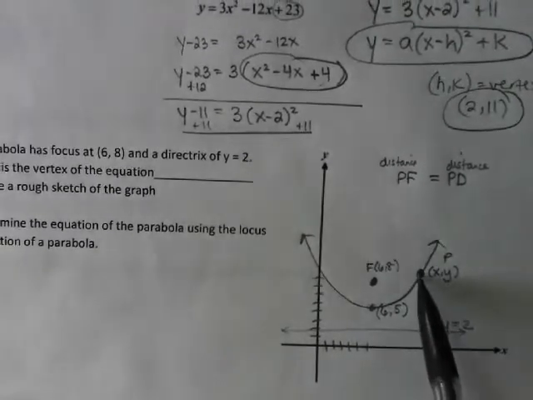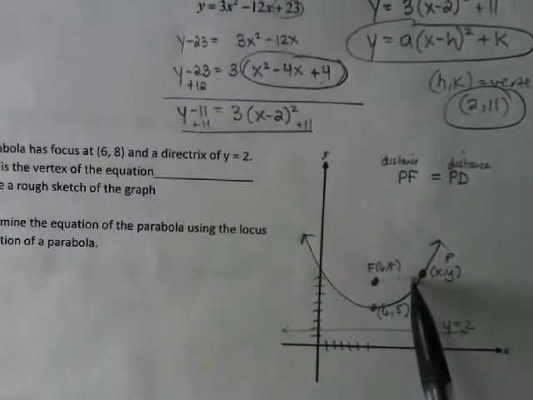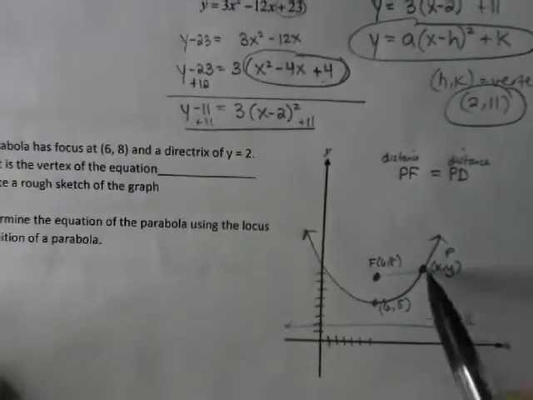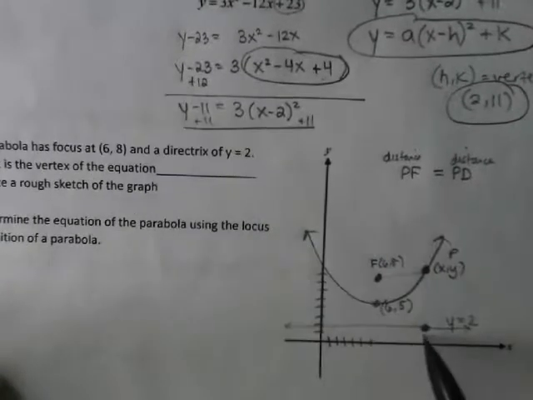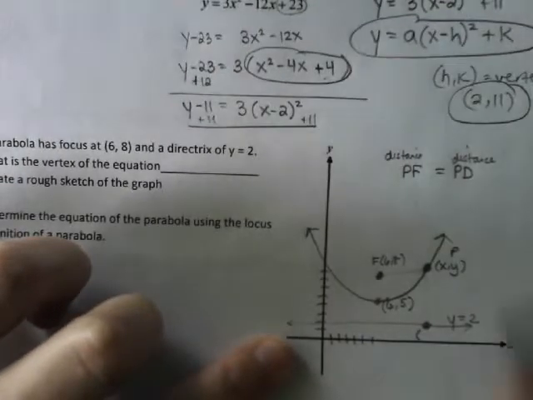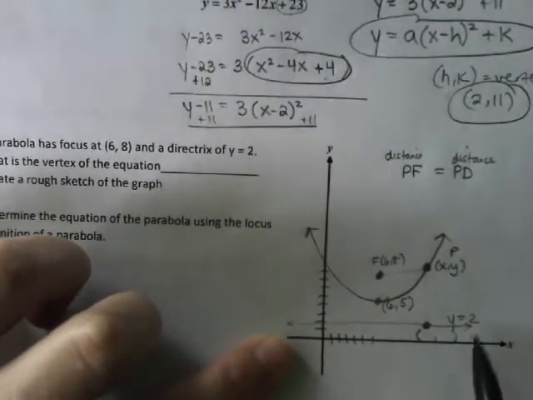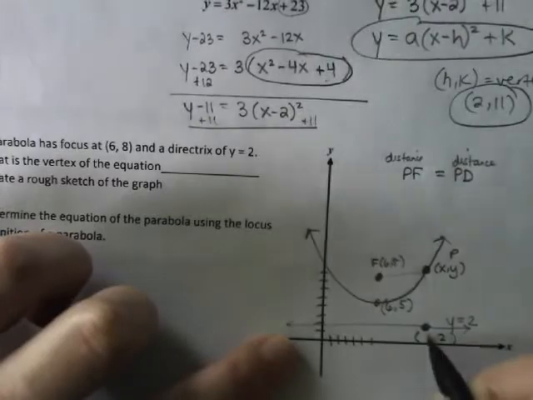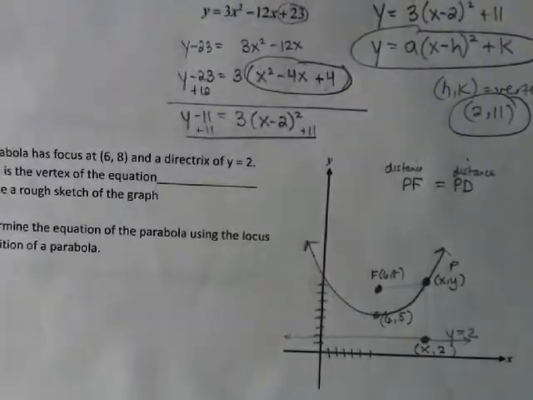But your distance from your point to your focus has to be equal to the distance from your point to your directrix. So we have to come up with a coordinate pair always for whatever's on the directrix. And you're never going to know both coordinates on the directrix, but you will always know at least one of them. Since this is a line y equals 2, then the point has a y coordinate of 2, and the x coordinate we're just going to call x.